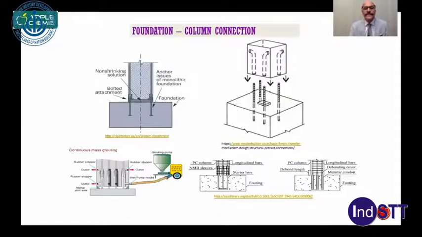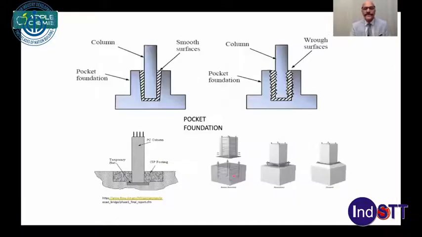Going further, what you see is the precast joint at the foundation level, wherein you have dowel pins coming up and you put your column on top of it, or you have a coupler which is added here. That is quite clear from the screen.